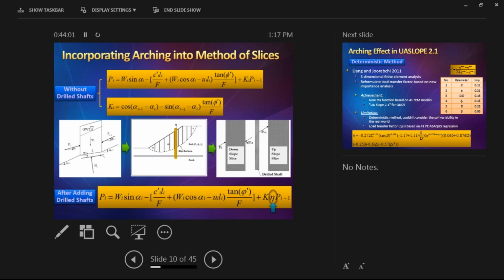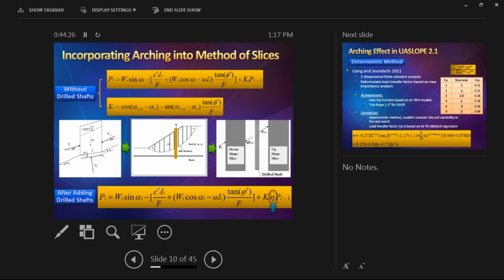And then how do we take into account the drill shaft arching effect? You can see in the lower equation that eta is used to modify the inter-slice force. So imagine you have an upslope slice above the drill shaft and a downslope slice below it.